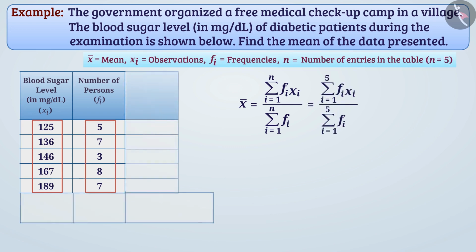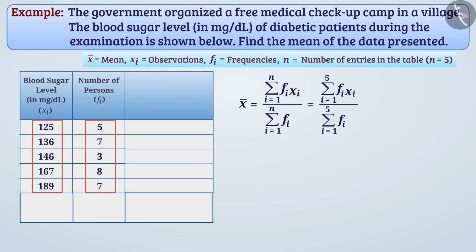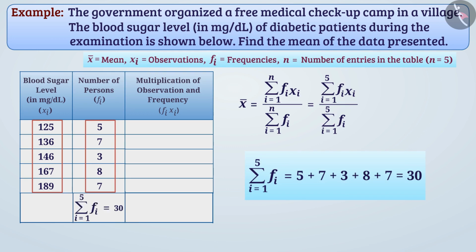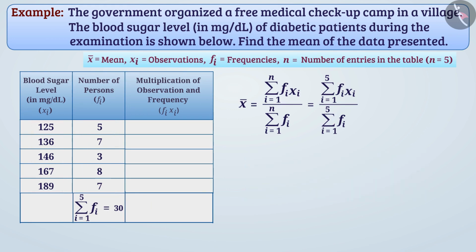Here, we will make the table like this, where in the first column we will represent xi, the observations, in the second column fi, the frequency, and in the third column we will represent the multiplication of observation and frequency, that is fi times xi. Here the sum of the frequency of observations is 30, which means that a total of 30 diabetic patients were tested for blood sugar level. Now for each observation we will find fi multiplied by xi.